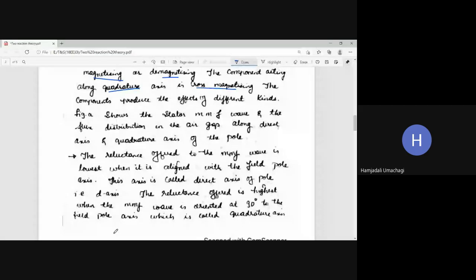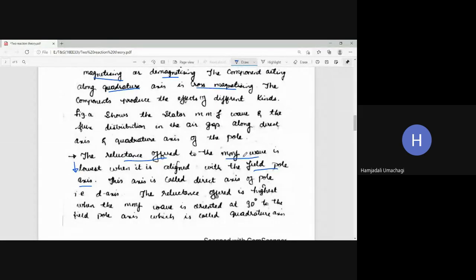The reluctance offered to the MMF wave is lowest when it is aligned with the field pole axis. Whenever the MMF wave is aligned with the field pole, the reluctance offered is very low.